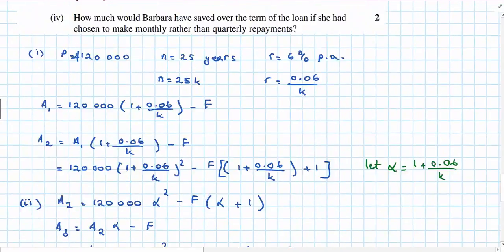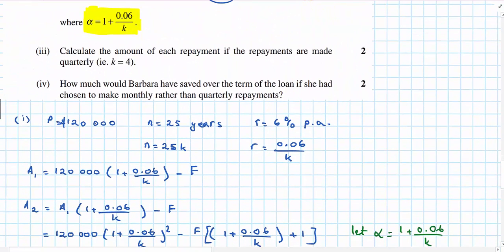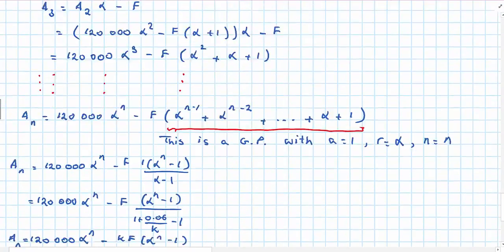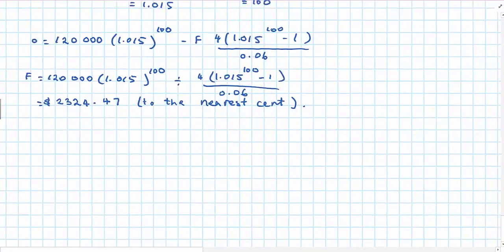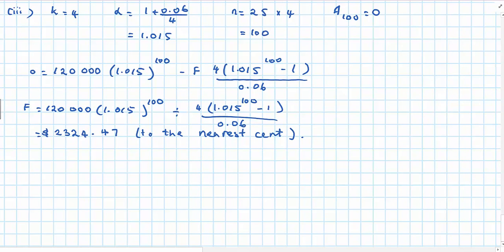If you read it carefully, it's asking for the total savings once it's all been paid. So if I want to know how much she has paid, I need to multiply the monthly repayment by the number of repayments and then compare those results.